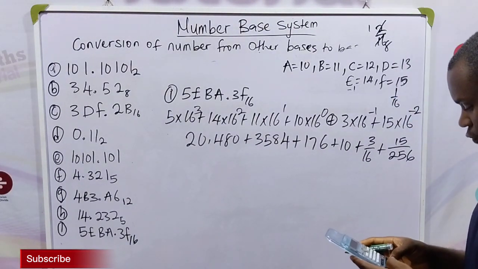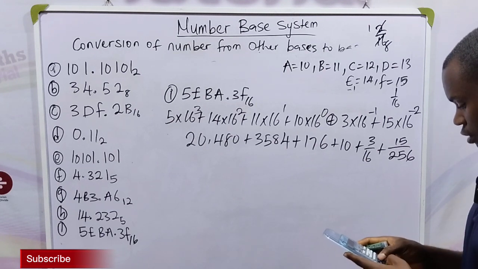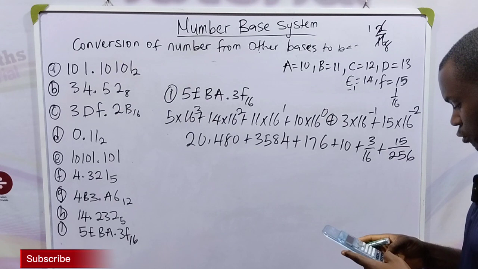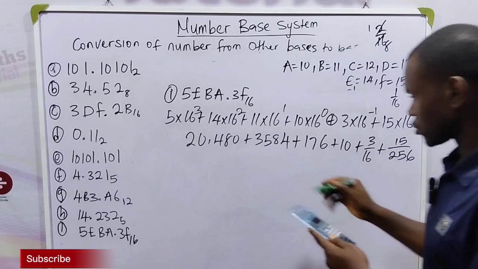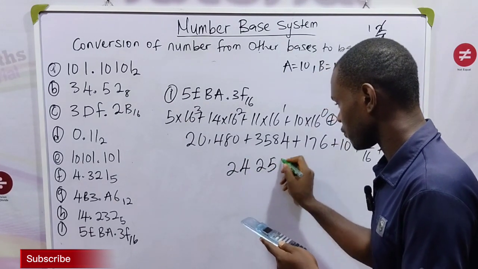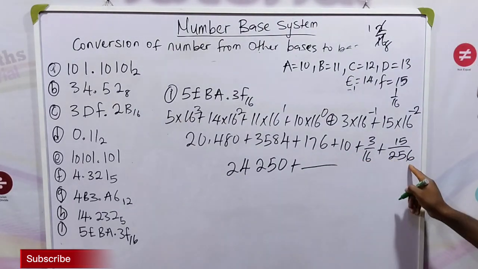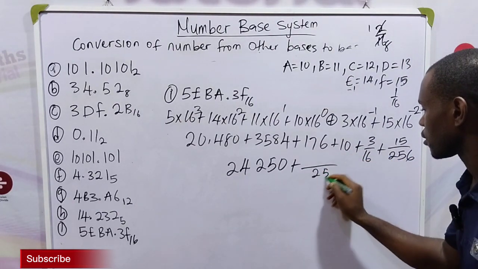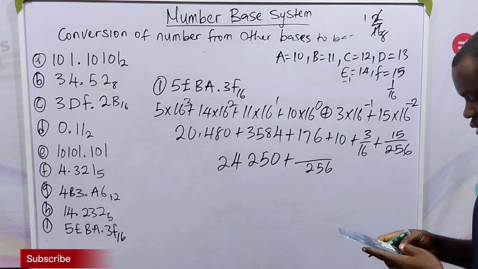So 2480 plus 3584 plus 176 plus 10. So we have 24250 plus. Then adding the fraction, we are taking 256 as our, what? The common denominator.